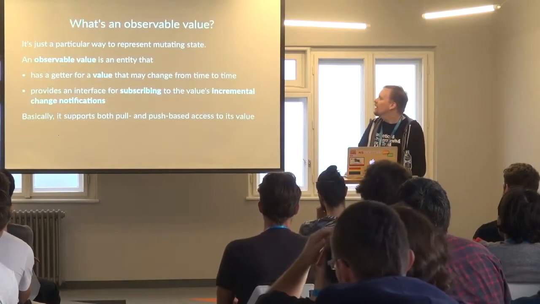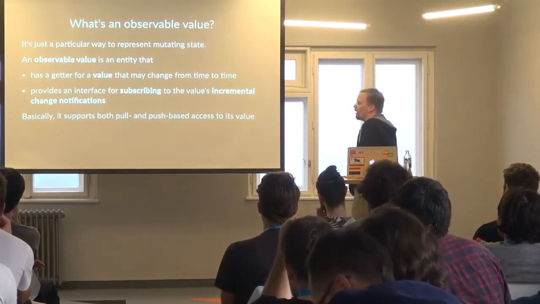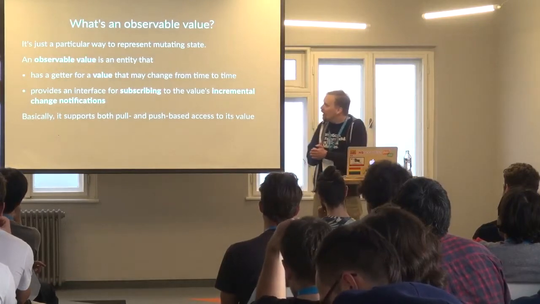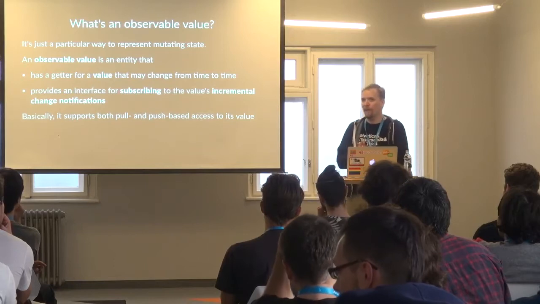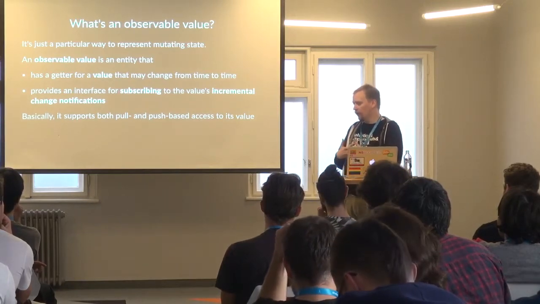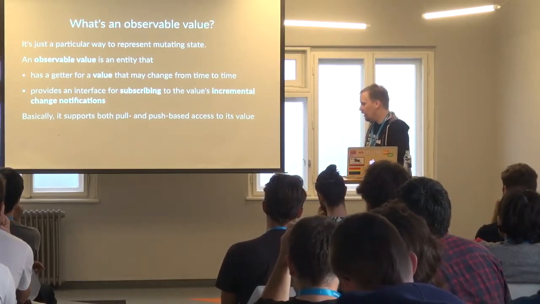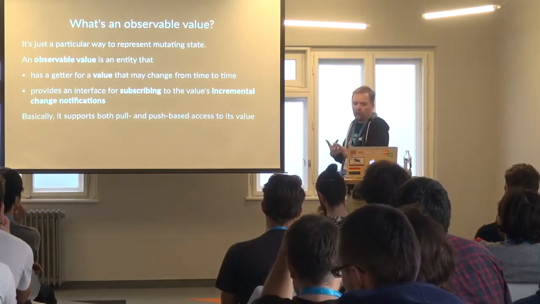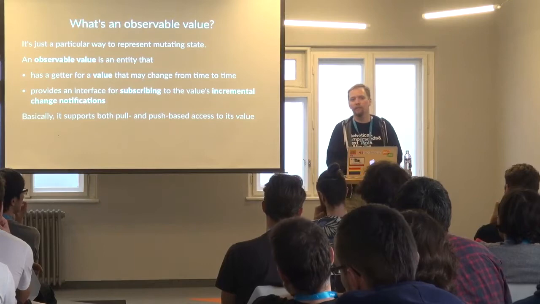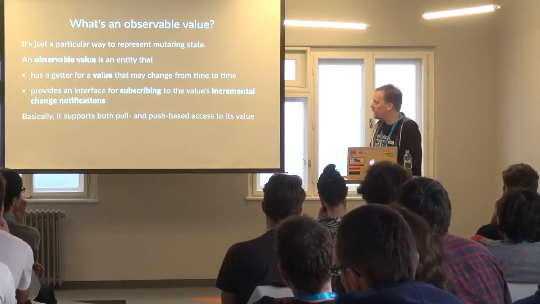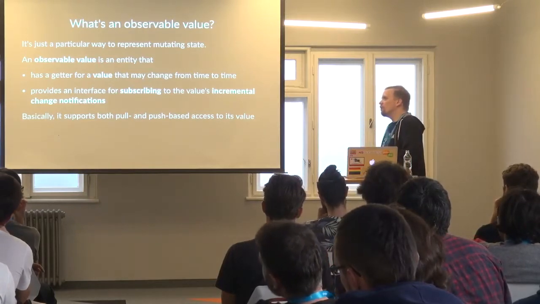But let's look at what's an observable value. Well, there are a lot of ways to define what an observable value is. My particular favorite is, well, an observable value is really just a particular way to represent mutable state, right? Well, it's not really mutable, it's mutating.